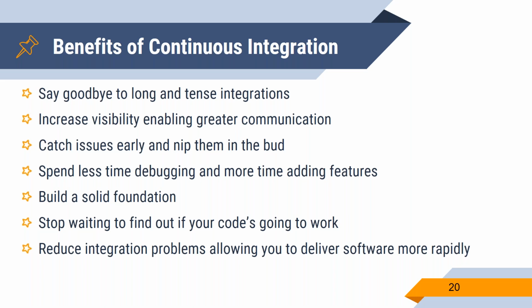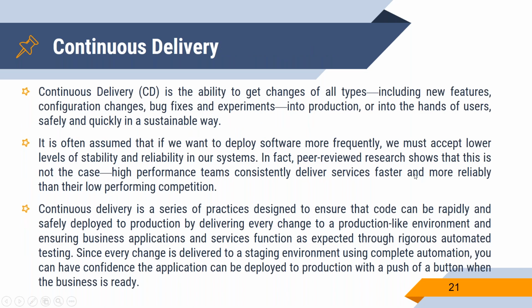Like that, we can give faster communication to them, and spend less time on debugging and more time on adding features. If we have a huge amount of code, it is difficult to analyze where exactly my code is failing. When we have a shorter code and it is tested fully, we can easily identify the bugs in our code, and it will build a solid foundation. These are some of the benefits in continuous integration.